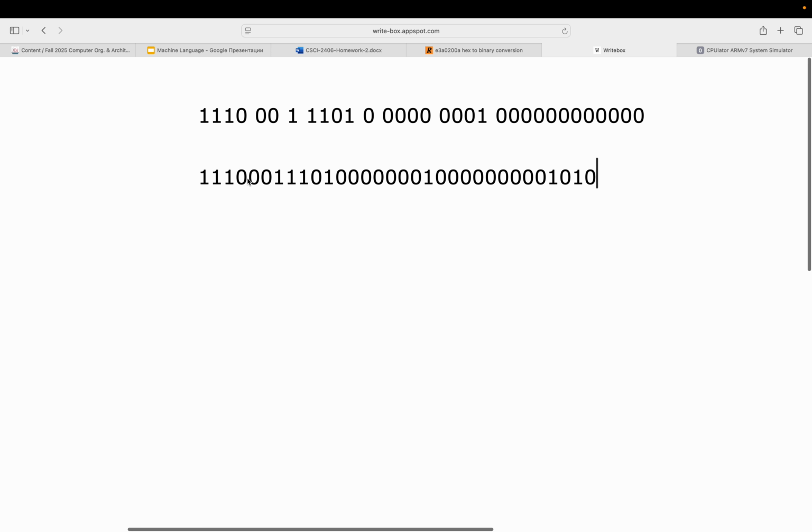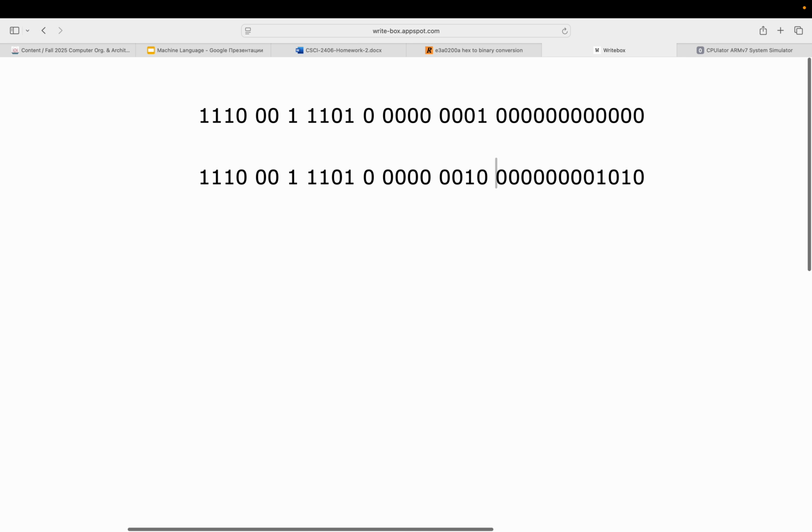So basically let's divide it immediately. 4 from here, 4 from here. Yes, and let's start our analysis basically.